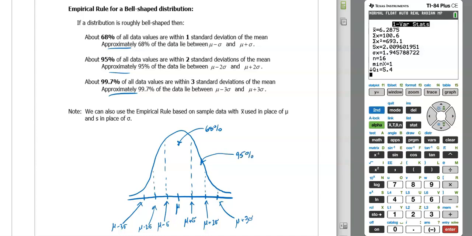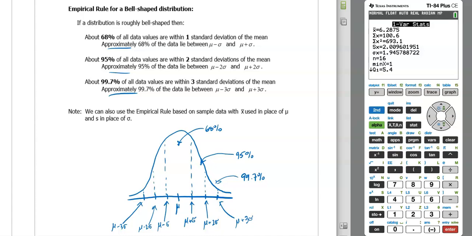And then all of the data that are within 3 standard deviations, that's going to be 99.7% of the data. So almost all of the data, just missing a fraction of a percent, are going to be within 3 standard deviations of the mean.